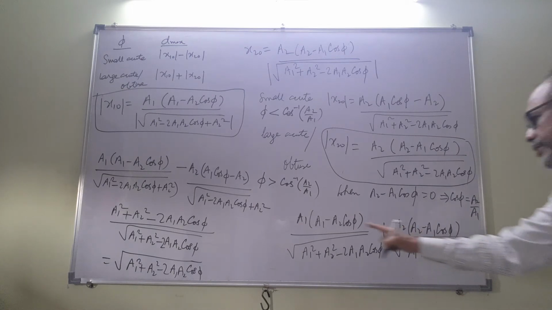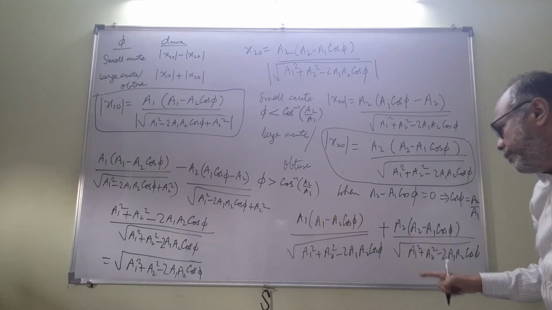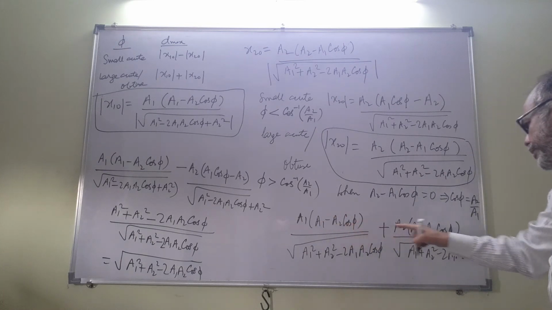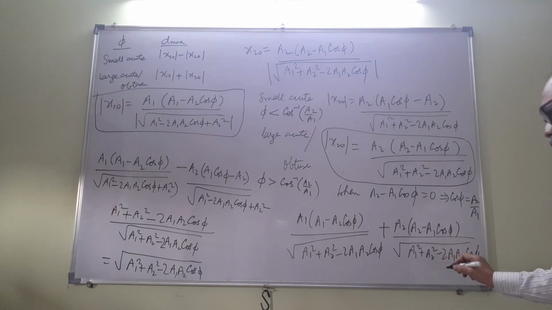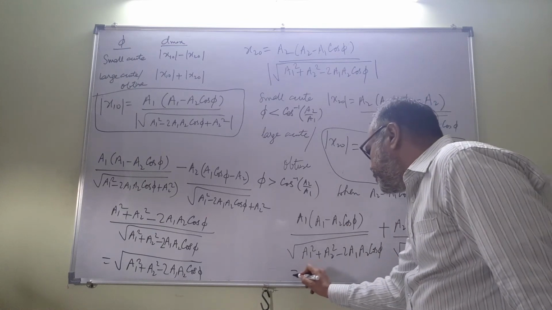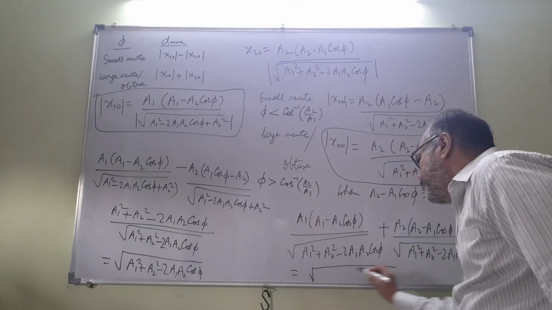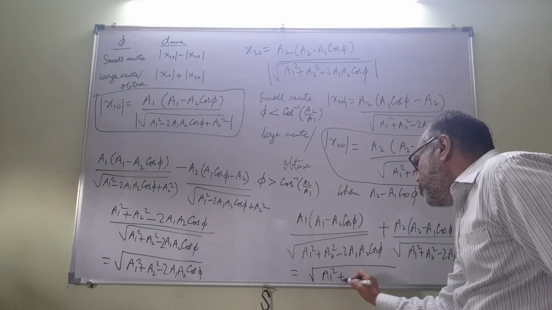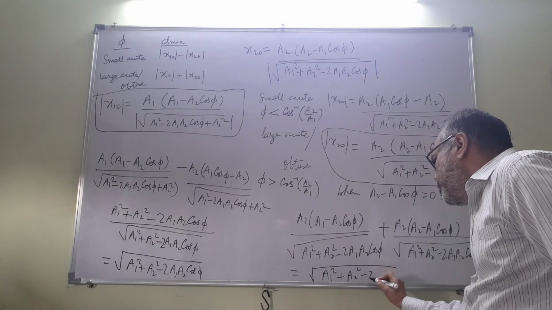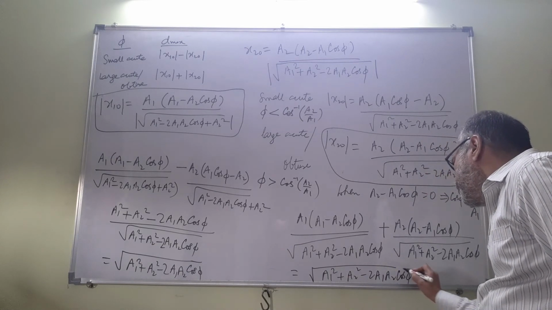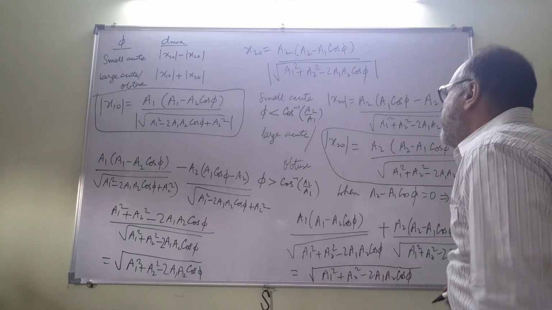If you simplify this, you are going to get a1 squared and a2 squared, and there will be a minus 2a1 a2 cos phi. So you get the same result, square root of a1 squared plus a2 squared minus 2a1 a2 cos of phi. That will be the distance.